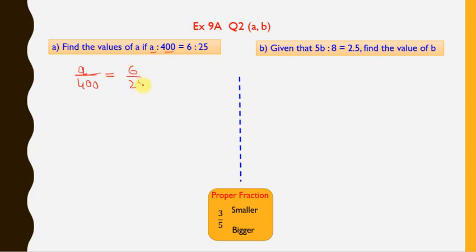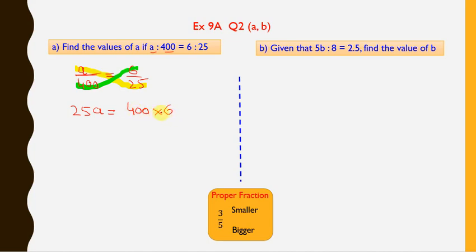We will write the ratios in fractions. Now we will cross multiply a with 25 and 400 with 6. So a into 25, we will have 25a, and here you will multiply 400 times 6.